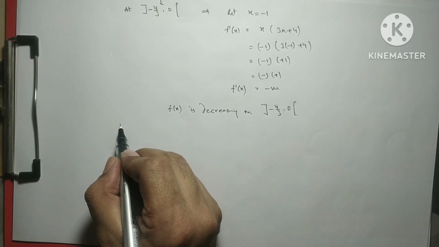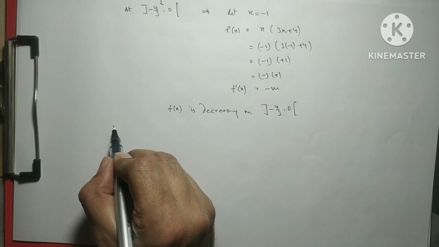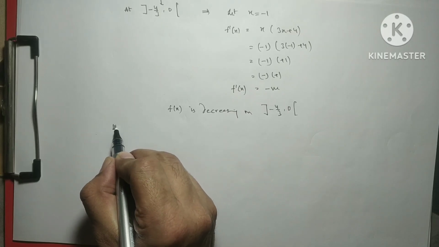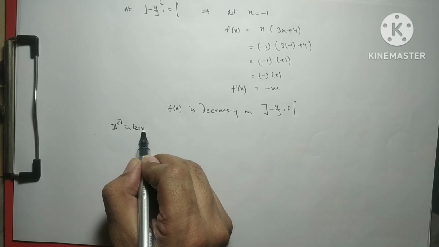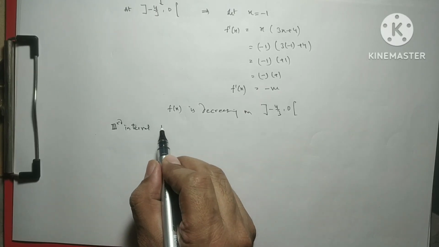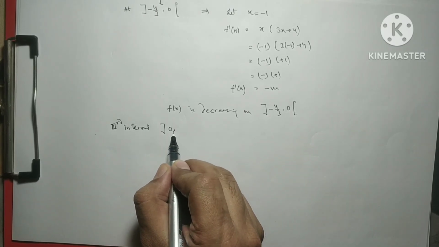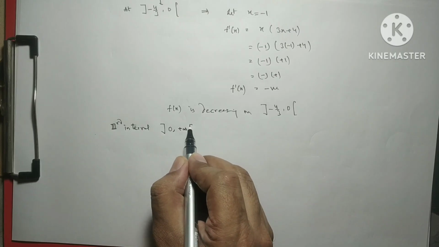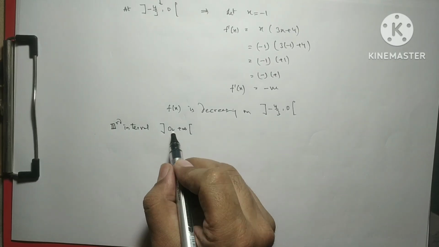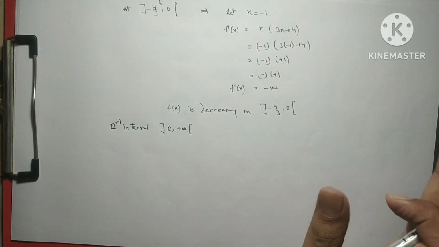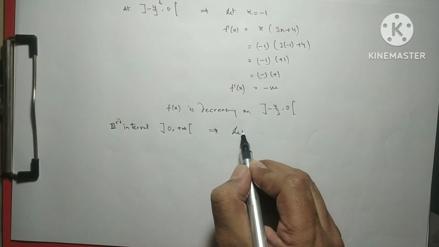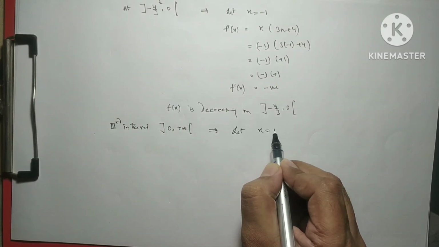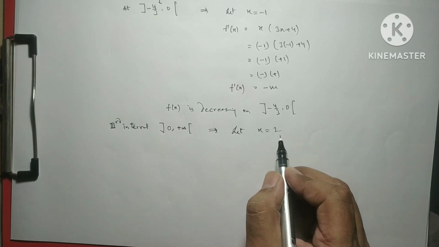And now the last one, the third interval, that is 0 to positive infinity. So we can consider 1, 2, 3, 4, any number. So let x be 2, positive 2.